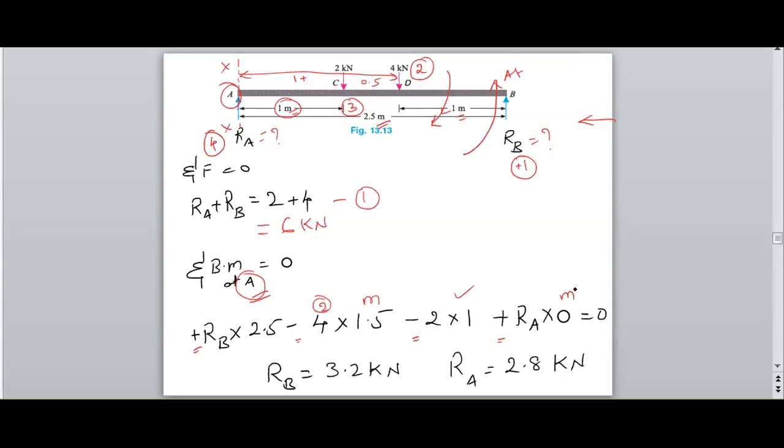Considering this, I find the RB value. RB value is 3.2 kilonewton. After finding the RB value, I substitute in equation 1 to find the RA value, the other unknown. So both unknown values, RA and RB, are now known.